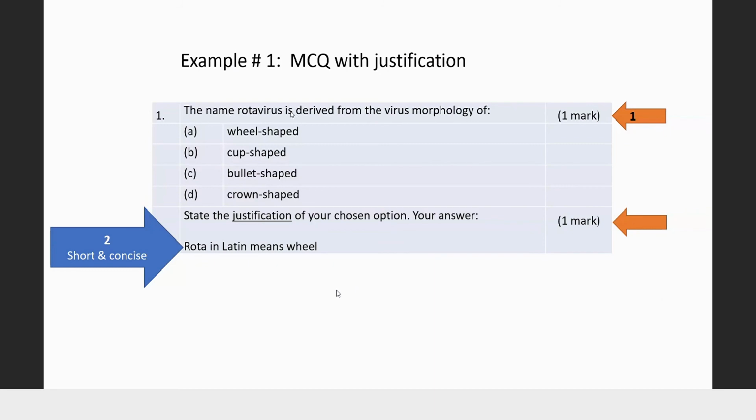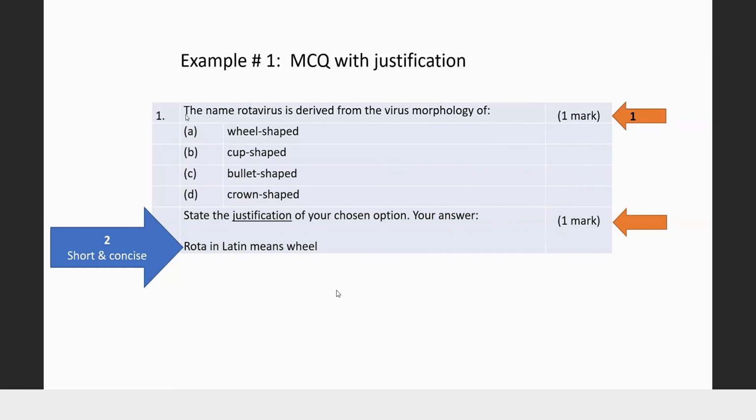The name rotavirus is derived from the virus morphology of... The mark for this question is only one. For example, you answer the question, the answer is A. Let's say you choose the answer B, so there's no mark for this one, and I don't proceed to the justification. I will only proceed to the second step of the answer if your answer is correct.